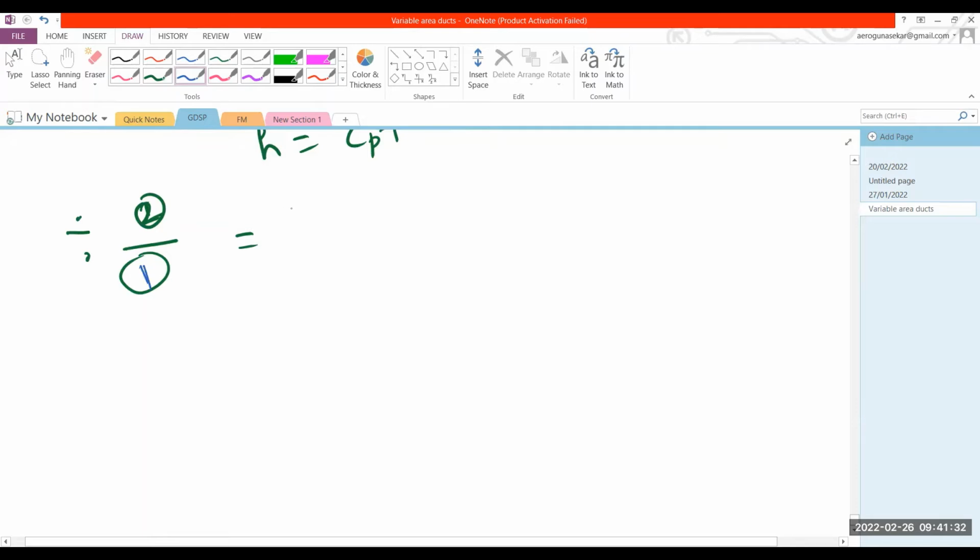Equation 2 is the momentum equation, nothing but P1 plus rho 1 V1 square equal to P2 plus rho 2 V2 square.